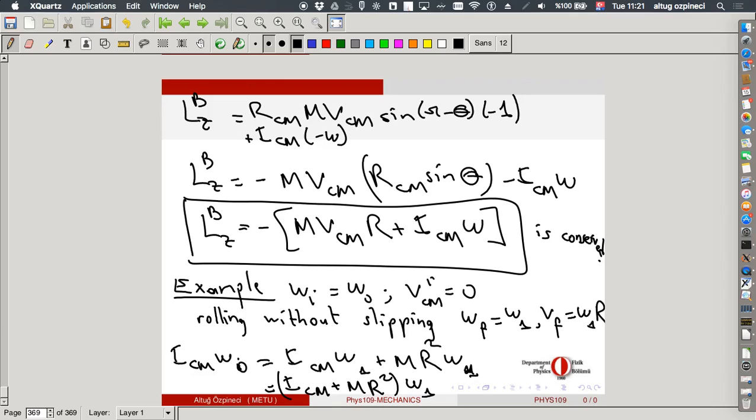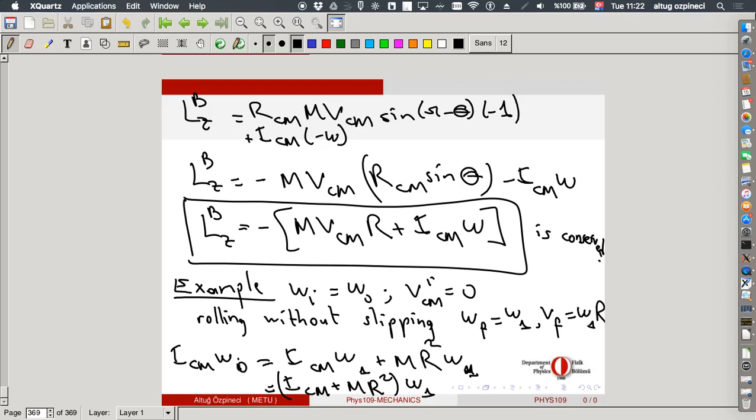It is nothing but the moment of inertia for rotations around this instantaneously fixed axis. Because the expression over here is the total angular momentum that we have. We can write it in whichever form you want, as long as you are calculating the correct thing. It should give you the angular momentum of the object relative to the point B.